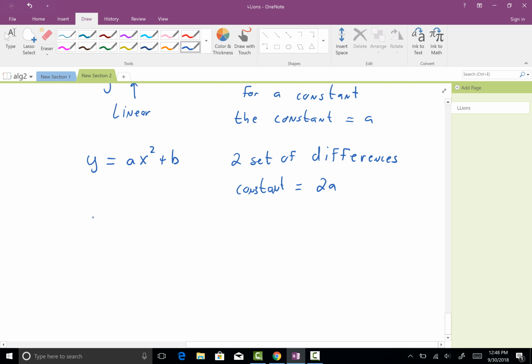Interesting. So then we made n 3. And how many sets of differences did it take? Well, you should have started saying, oh, okay, I see it now. And the constant? Well, let's see. We had 1a, right? 2a. What do you think? Next one's 3a?